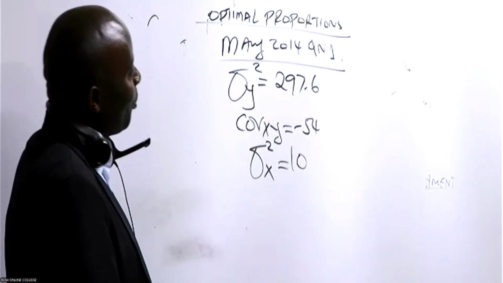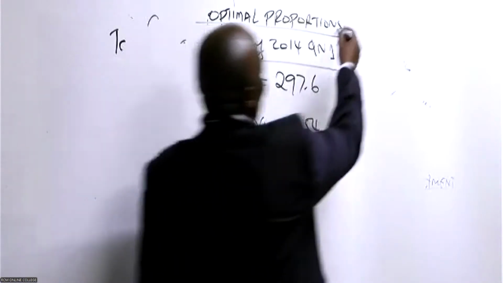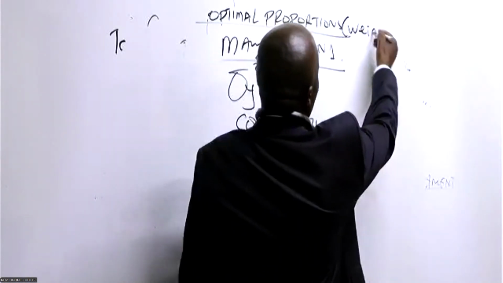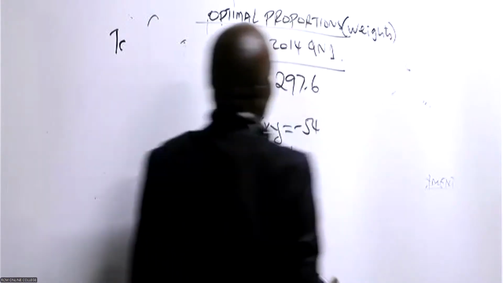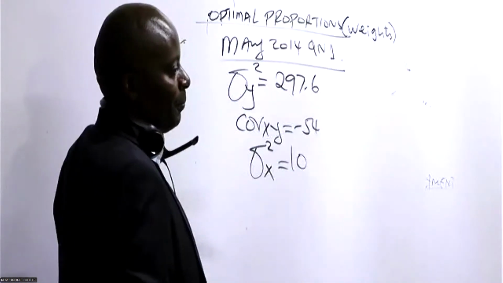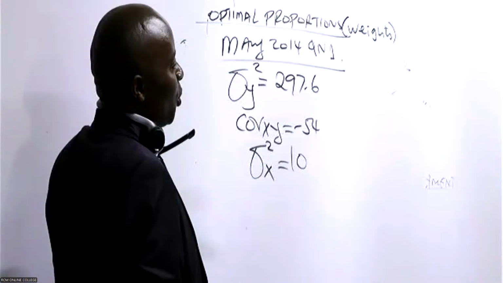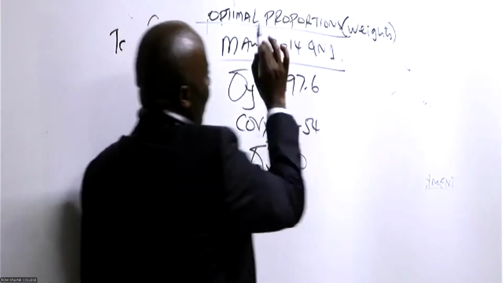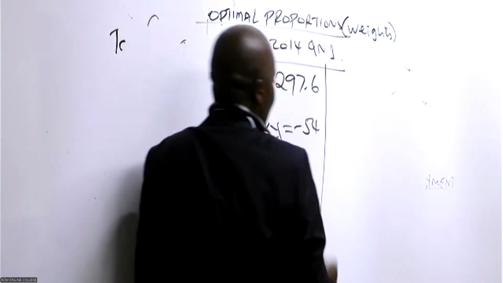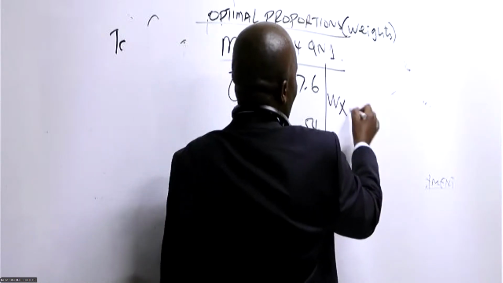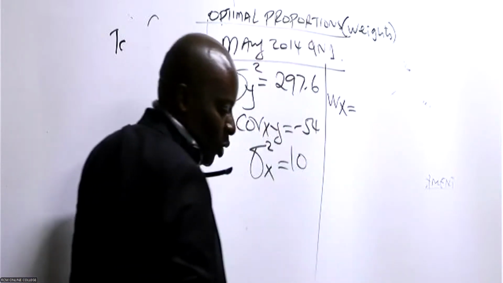These optimal proportions are also known as optimal weights. Your examiner will ask you for optimal weights. If they want us to give them the weight of X, this is what we shall always do.